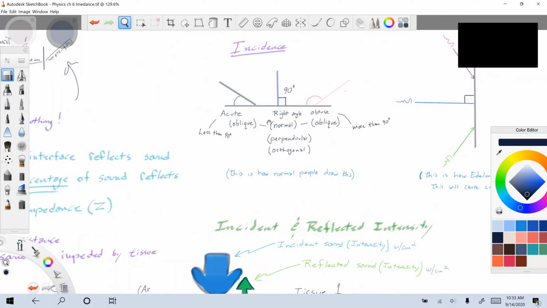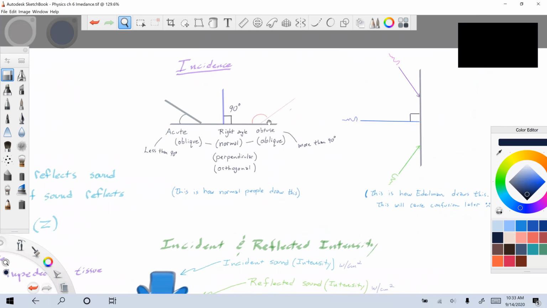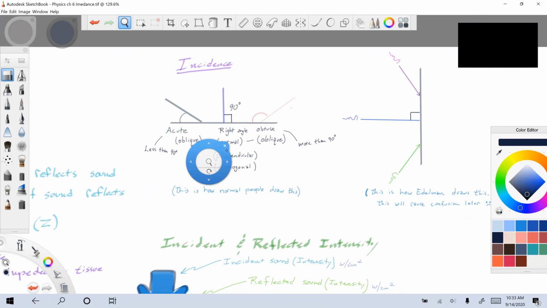Okay. I believe the book now jumps into incidence. That doesn't mean we're done with impedance, but we do have to talk about how sound comes to an interface.